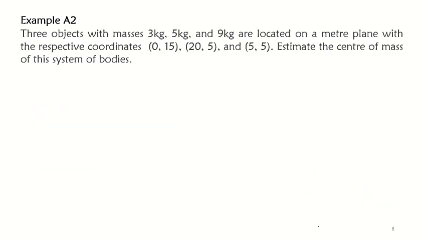Another example. In this case, we have 3 particles making up a system, or 3 masses making up a system of particles. However, that system of particles is not linear, it's not on a straight line.